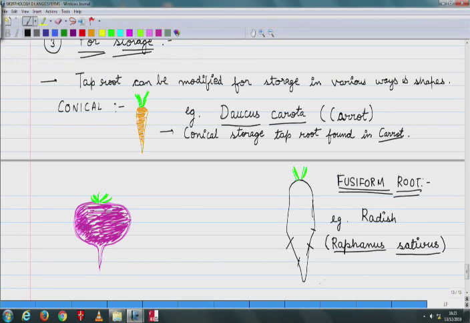Okay. Then there is another root called the napiform root.